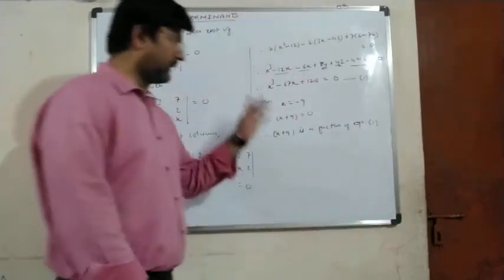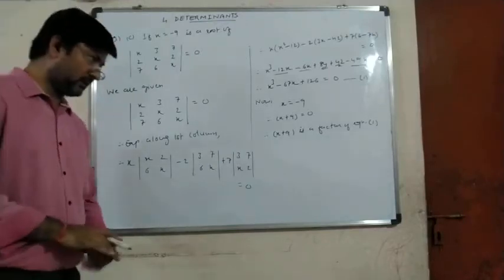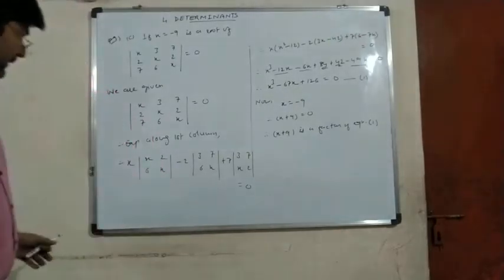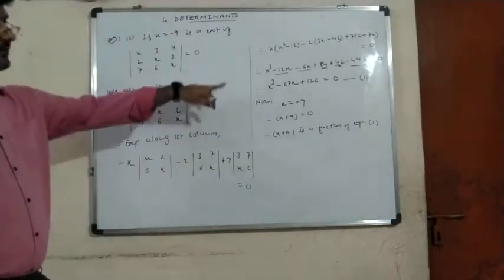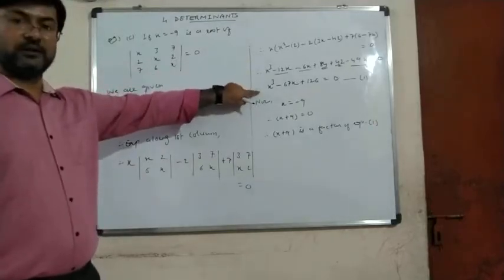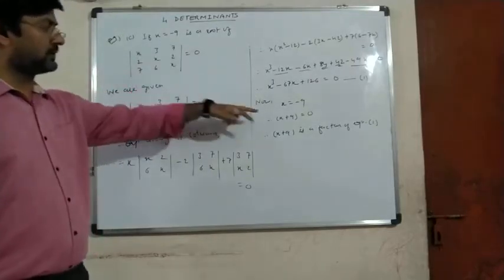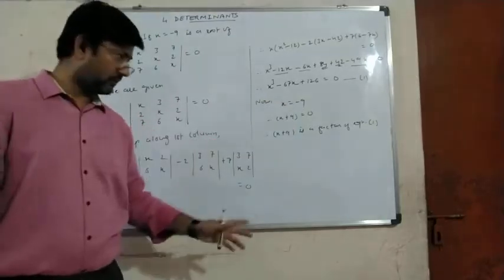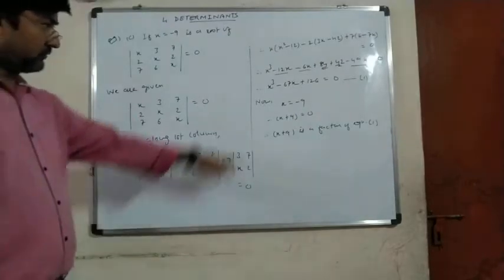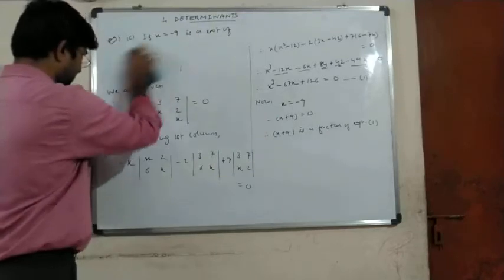So we will divide this equation 1 by x plus 9 to find the remaining factors or remaining values of x, yes or no? Clear? So this was a simple expansion and this is simplification of the equation. At the end we got this cubic equation. In the question already given that x is equal to minus 9, so x plus 9 is equal to 0, therefore x plus 9 is a factor of equation 1. Okay, so we will divide this equation by x plus 9 to get the other values of x.